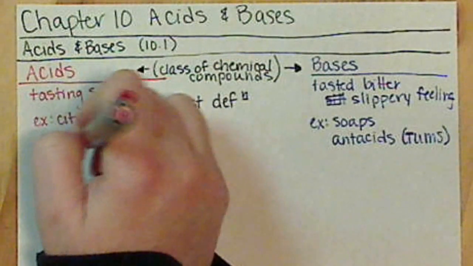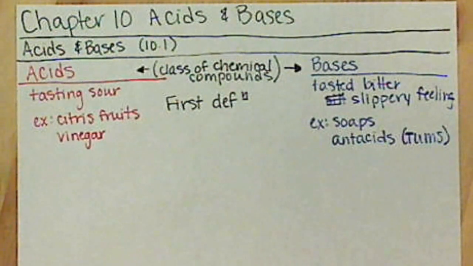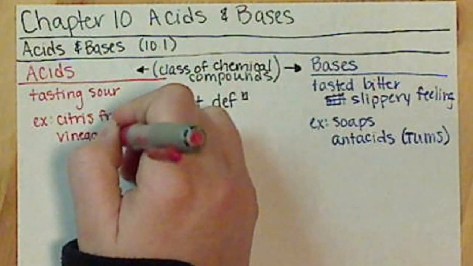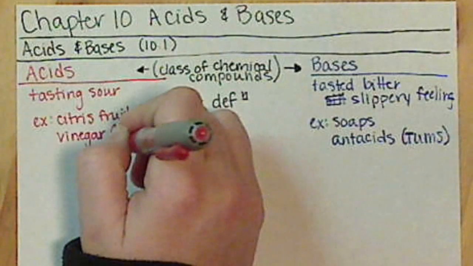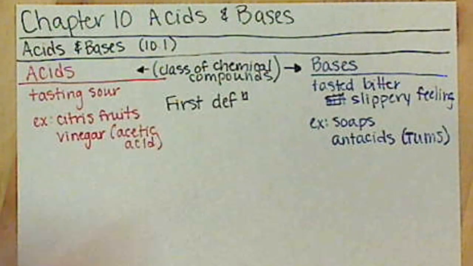Or if we're looking at still household items, vinegar is an acid. That's acetic acid. That might be worth us writing down.